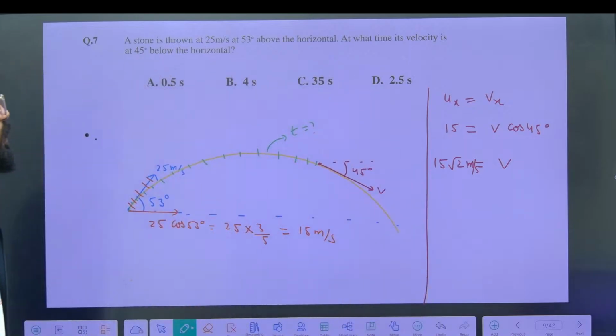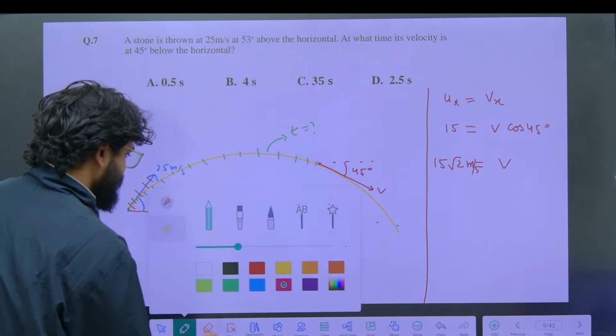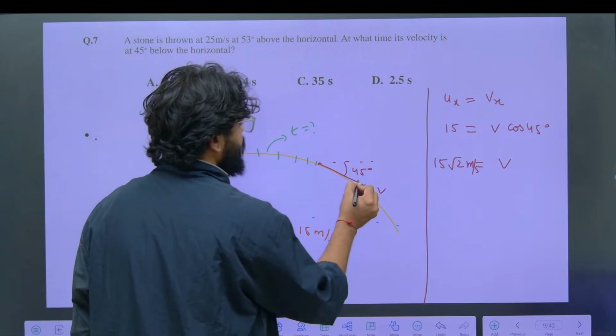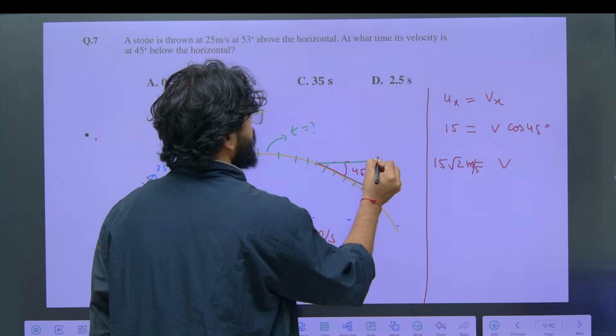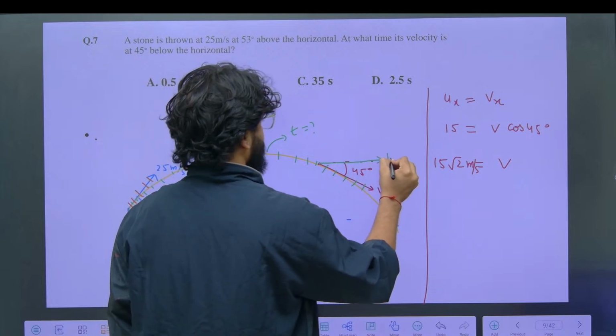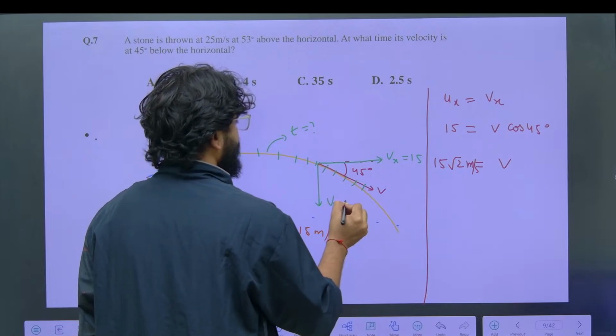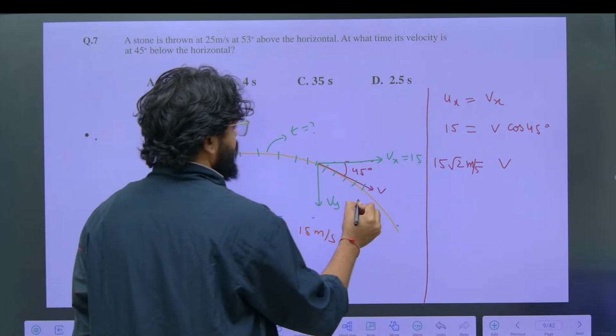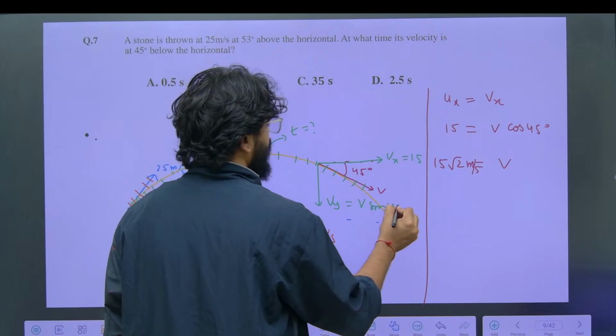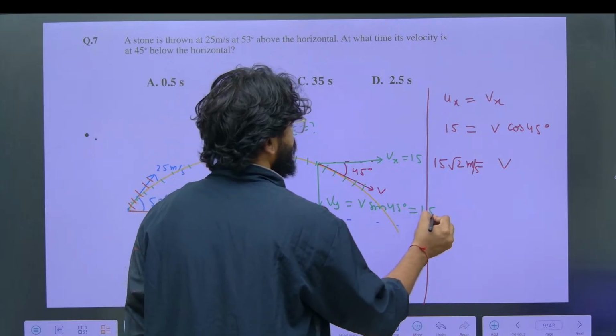So if velocity is 15 root 2 meter per second, then very clearly this will be Vx, which will be 15, and this will be Vy. If we calculate it, it will be v sine 45 degree, which will come out as 15 meter per second.